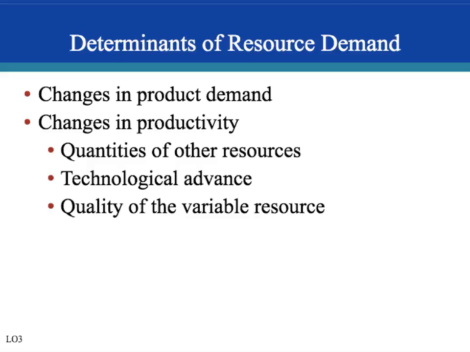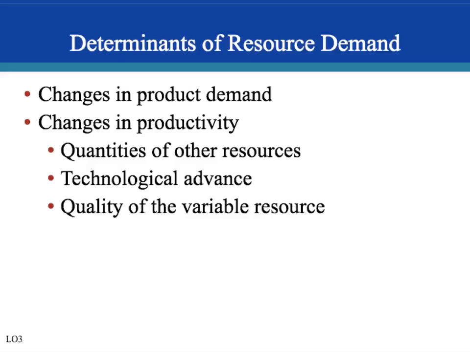And then also any changes in productivity. Productivity, again, is how much output is produced by a unit of input. So anything that increases the productivity of a resource will increase the demand for the resource, and anything that decreases the productivity will reduce the demand for that resource. A lot of times we demand a resource and use it with another resource.